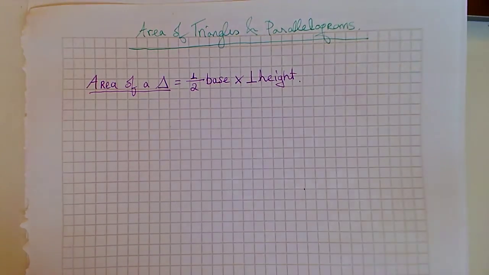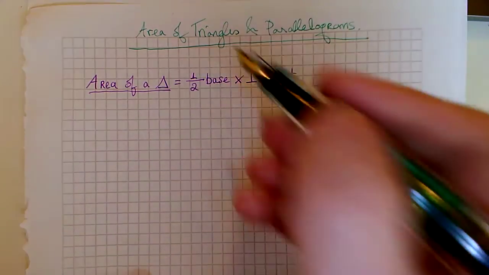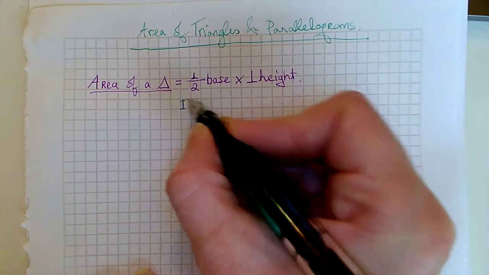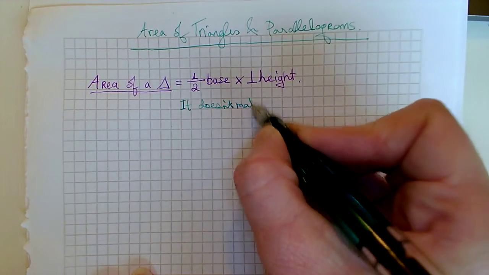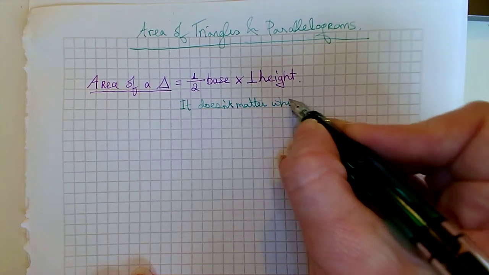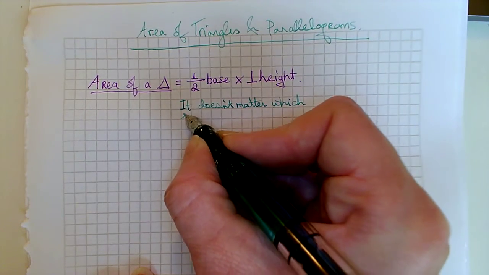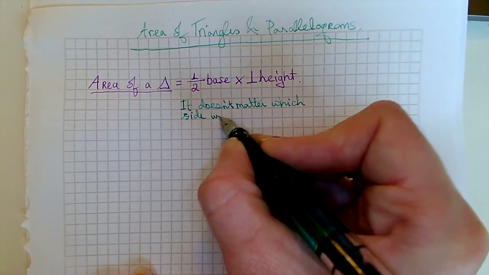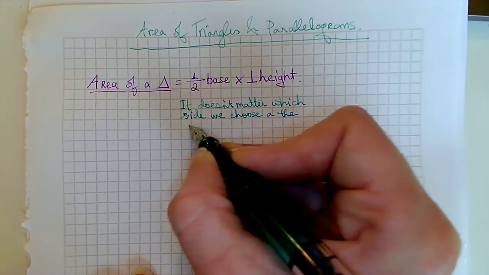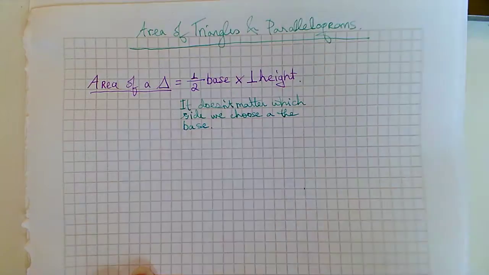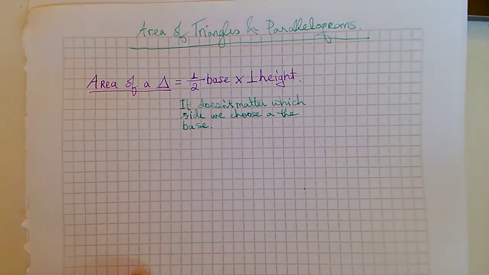The important thing that we want to add on is that it doesn't matter which side we choose as the base. I think this is something you probably already knew. It's just worth going over it nice and quickly.